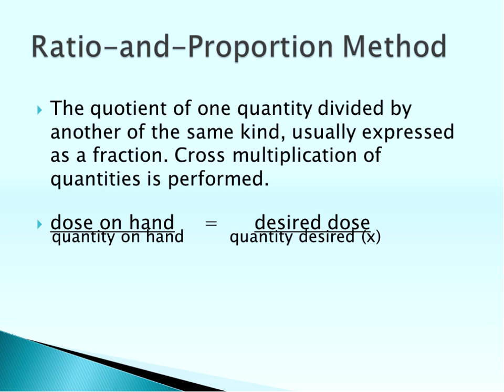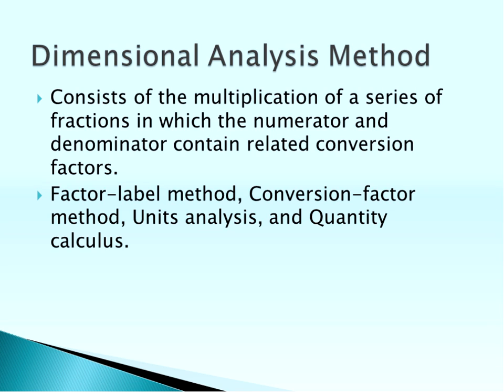This required cross multiplication, and then really the method that you chose depended on the type of problem that you were trying to solve. And sometimes the ratio proportion and also the formula especially could really get lengthy as to the number of processes you had to go through, depending on the number of conversions that you had.